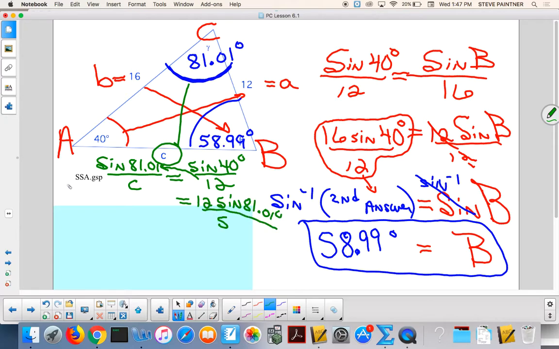Sine of what? 40. Okay. And C is roughly, say that again. 9.7. Everybody okay with 9.7?